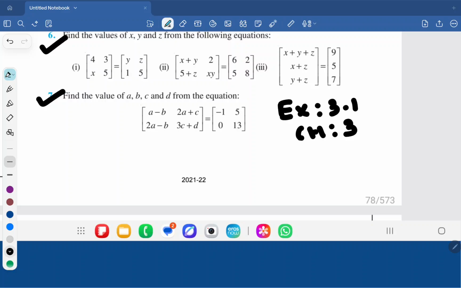We have to find the values of x, y and z from the following equation for subdivision 1, subdivision 2, subdivision 3. What is given in subdivision 1?